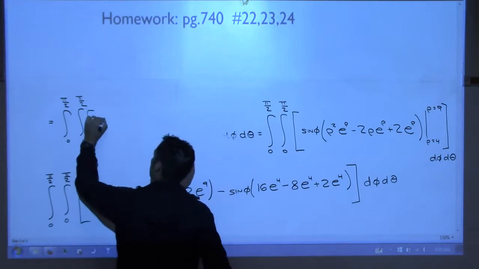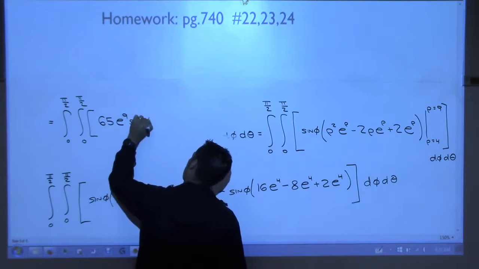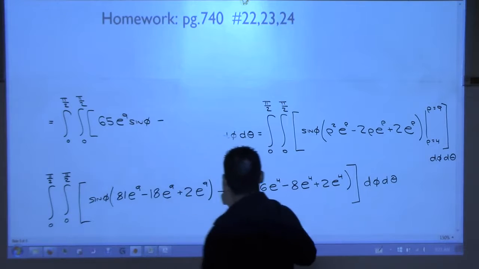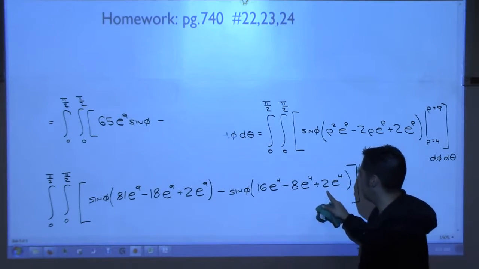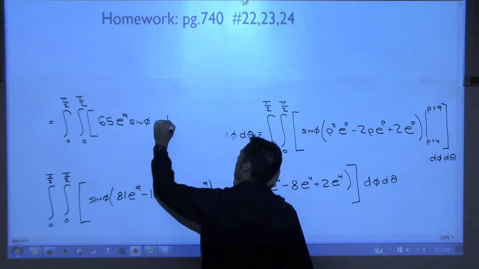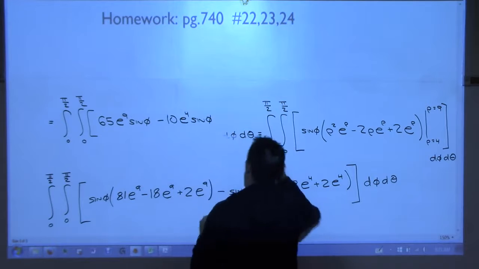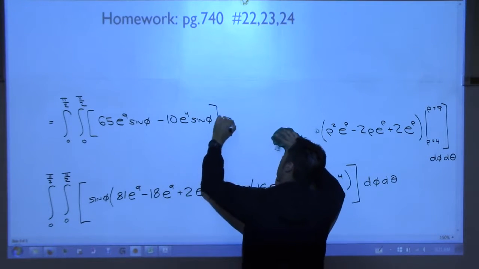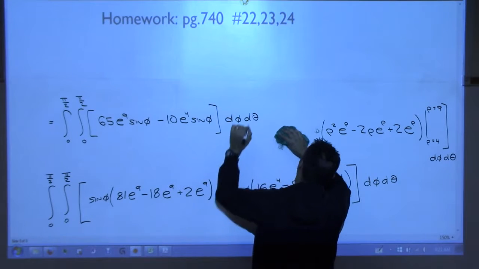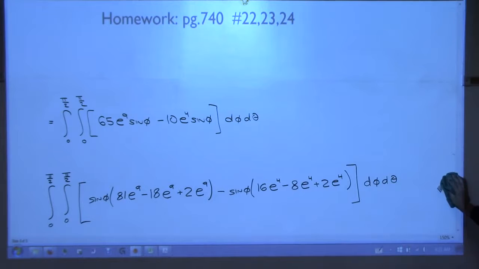I'm going to write it this way. 65 e to the ninth sine phi minus, over here, you get 16 of these minus 8. That's 8 of them plus 2 is 10 of them. So 10 e to the 4th sine phi, like that. And then d phi d theta. All right, that looks okay.